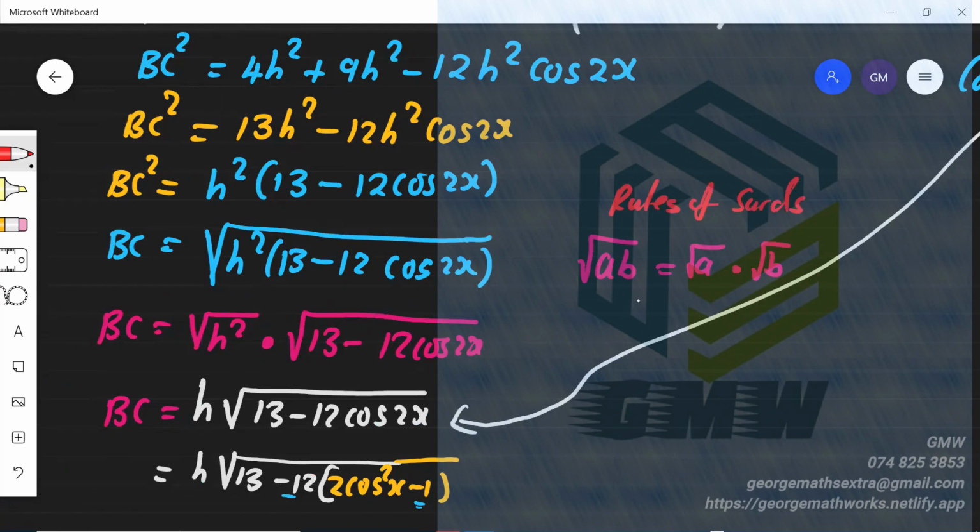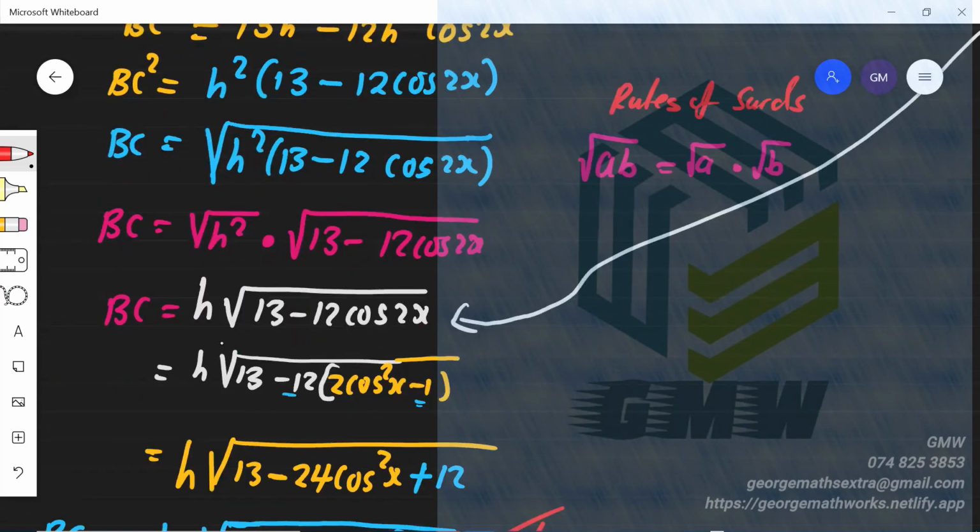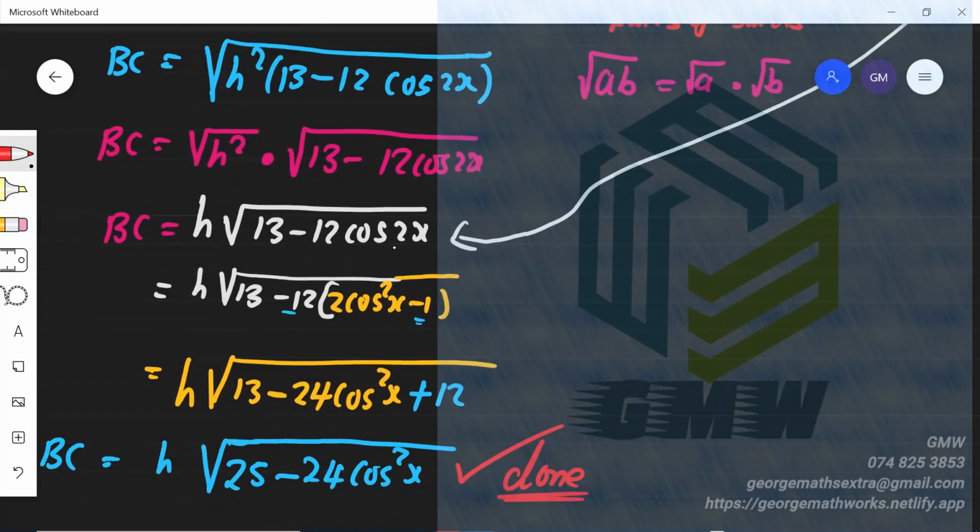It worked for us, just to have our h outside because we are driving this to what we are seeing. It's a show that, so we see the answer. So that's how we solved this. We later replaced the cos 2x with our identity.